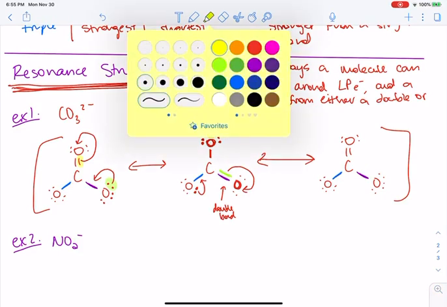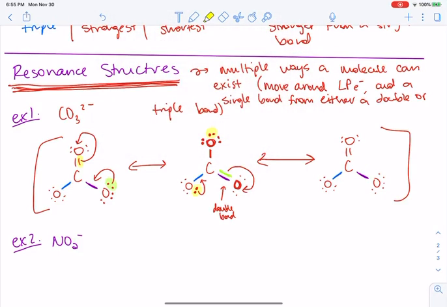So these electrons became a bond, which I'm going to draw here. And now we have something that looks like this.